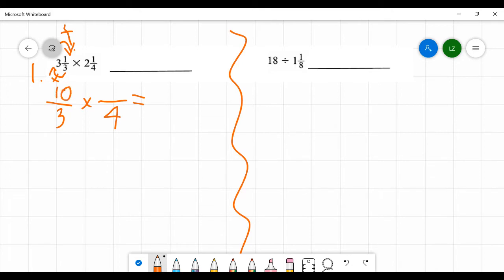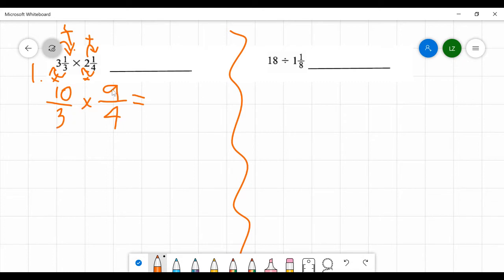All right, and then for my next number, it would be 4 times 2, giving you 8, and then add the numerator, so 9/4.